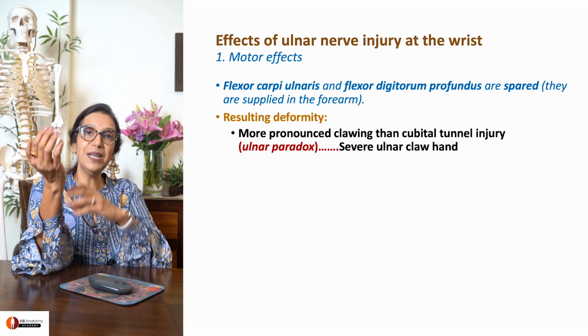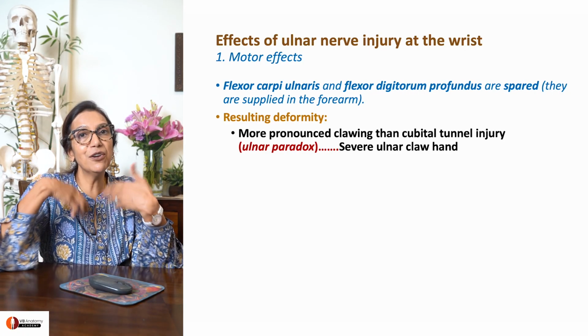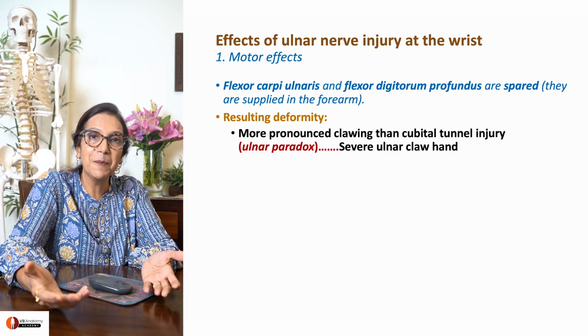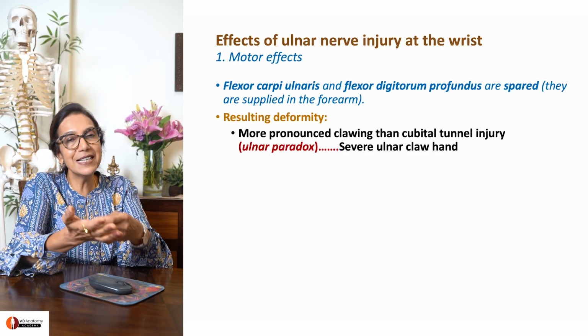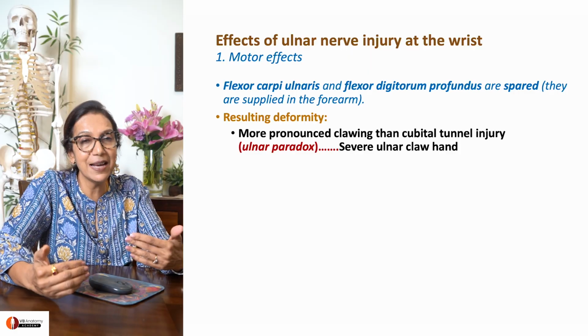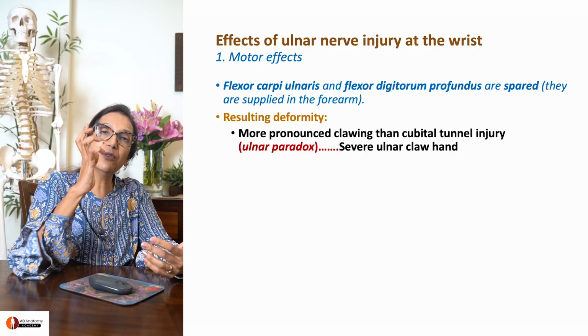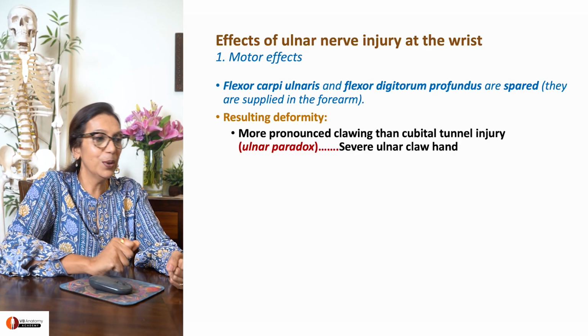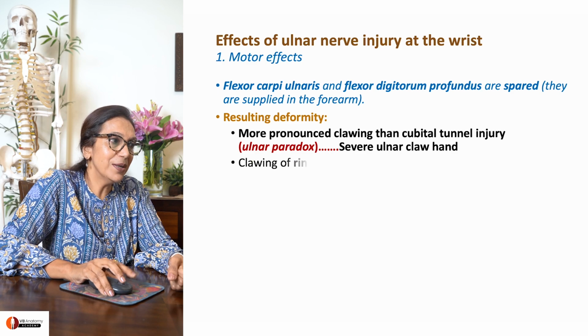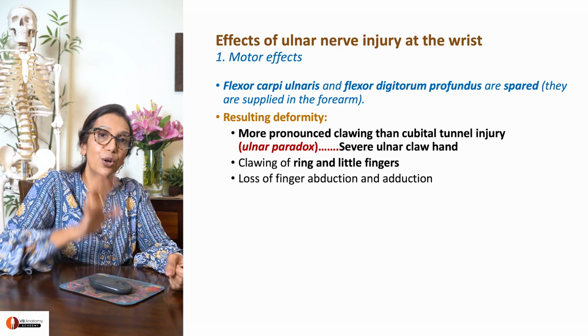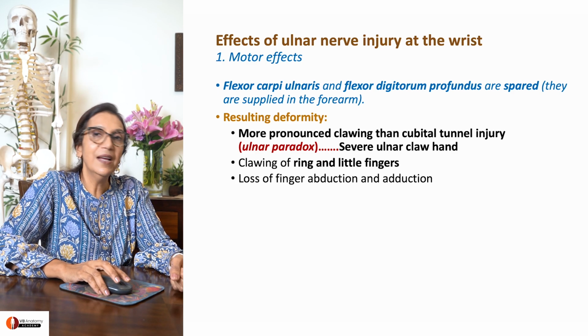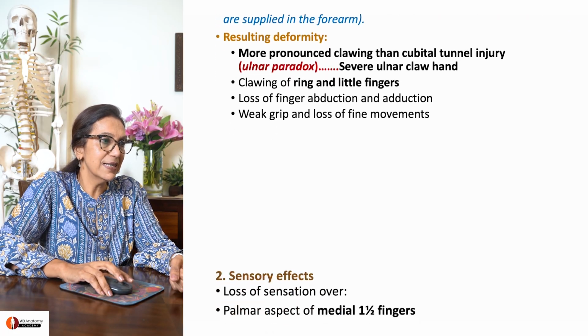That when the injury is more distal, the effect of injury is exaggerated. You would think that if it's more distal, that it will be less damage. Instead, patient comes with a severe ulnar claw hand. Okay, this is called ulnar paradox. There is clawing of ring and the little finger, and of course, the rest stays just the same.